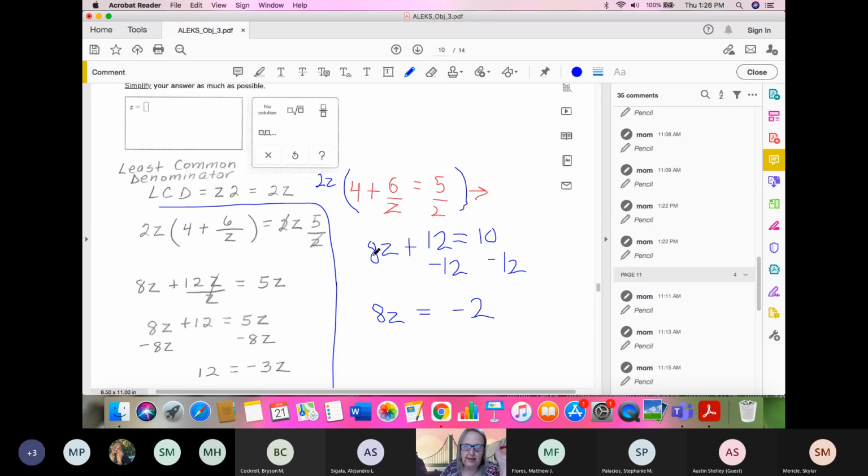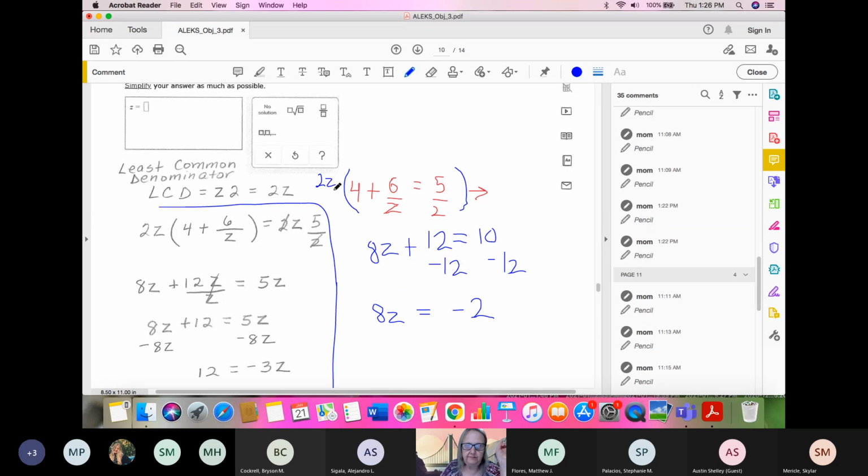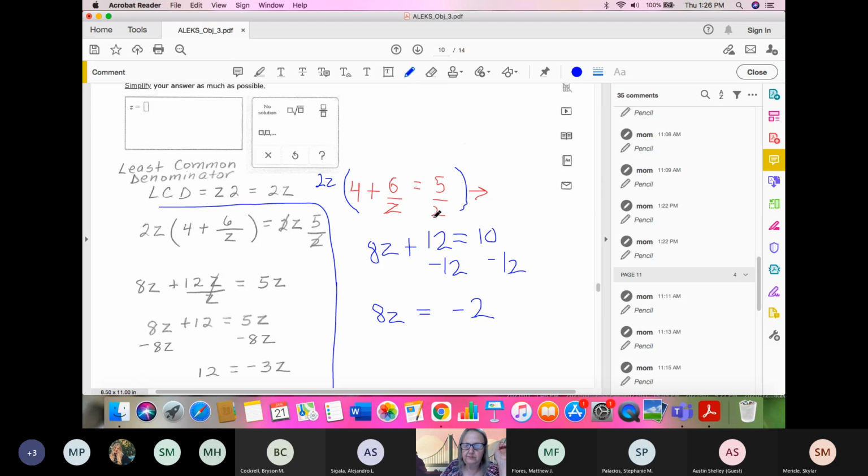2 times 4 is 8z. We've got a z here. Then on this one, we've got the z's that cancel. We've got 2 times 6, which is 12. Equals. This one, the 2's are going to cancel. This 2 is going to cancel with this 2. And we have z times 5 left. So that was my mistake.